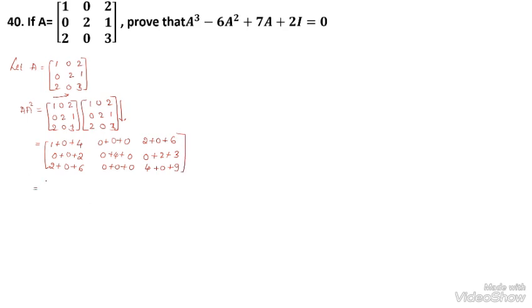Now I can add all the values. I'm getting 5, 0, 8, 2, 4, 5, 8, 0, 13. Now again I can take the multiplication, that is A into A square, which becomes A cube.